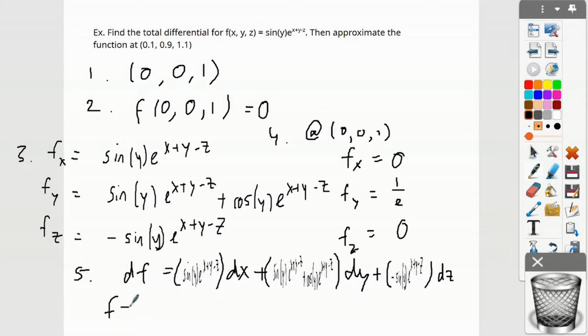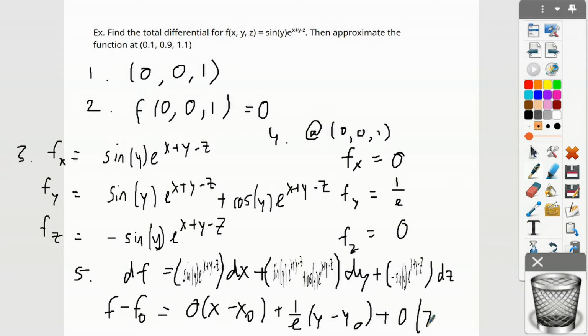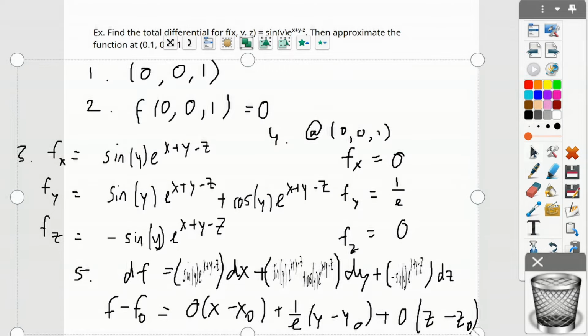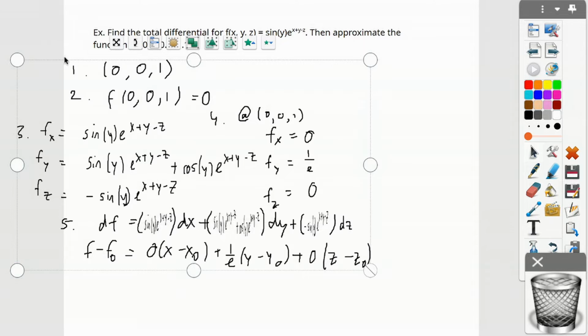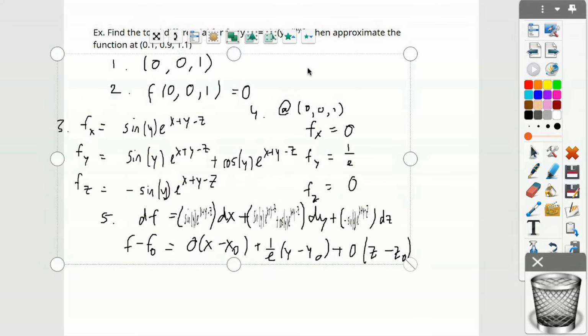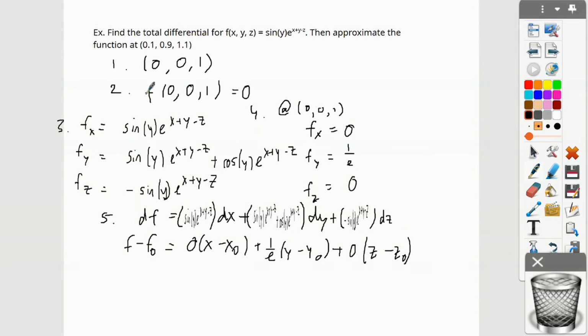So f minus f0 equals 0 times x minus x0 plus 1 over e times y minus y0 plus 0 times z minus z0. This is not going to get us a very good approximation, as I've said before. And then our f0 is 0, right? f of (0, 0, 1) is 0. So our f at the original point that we don't really care about is 0.